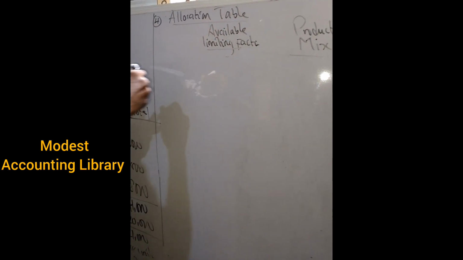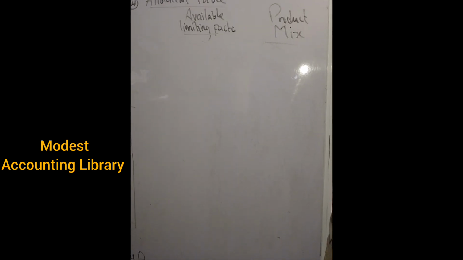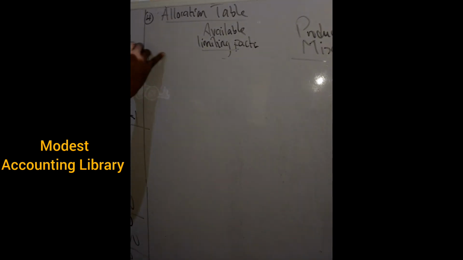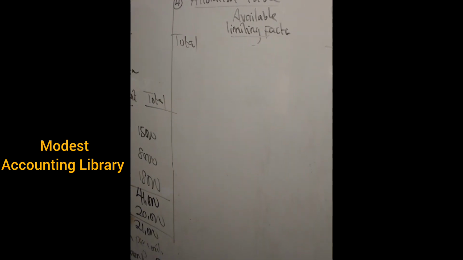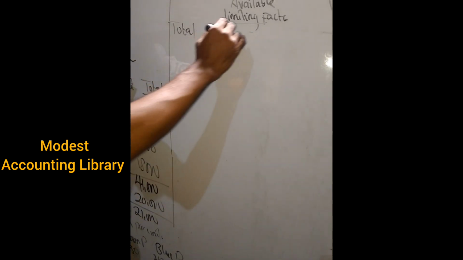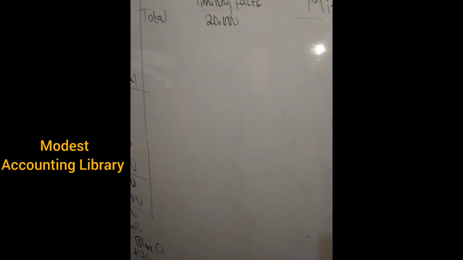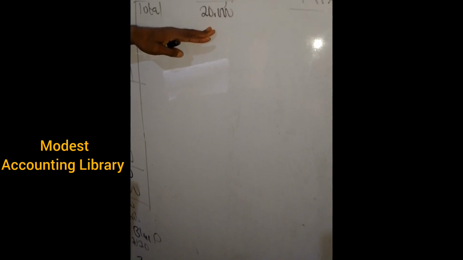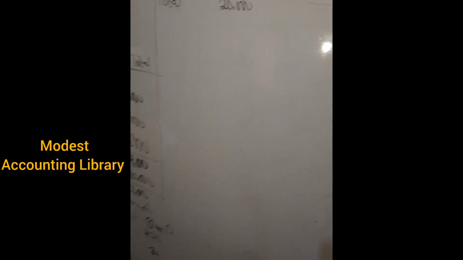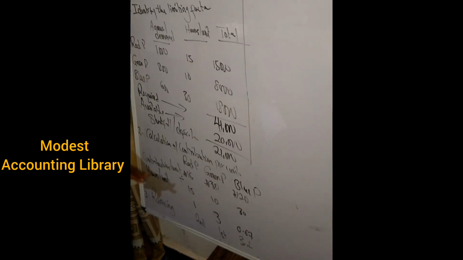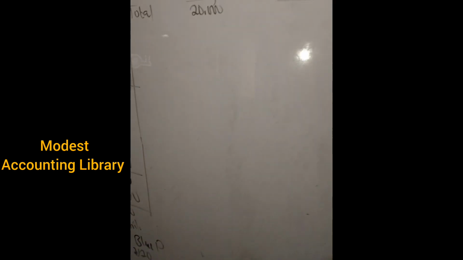Are we together? So now, we'll first bring the available limiting factor. In the question, they told us that we are limited to how many? 20,000. So I'm going to bring the 20,000 here. Now, if we are limited to 20,000, it means we would allocate based on the rank that we have created. In the ranking, we said that we are going to allocate to green P first.